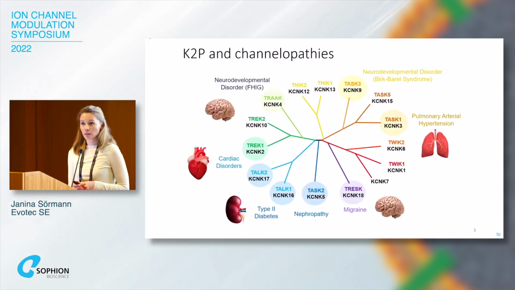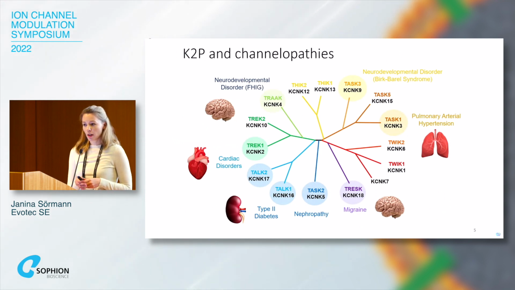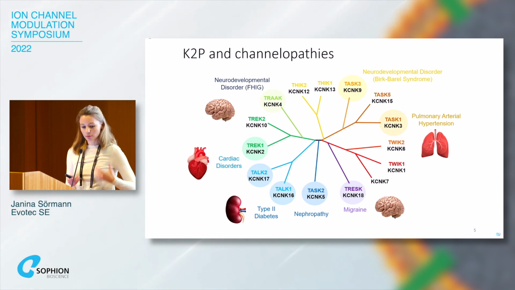These channels are expressed in so many different tissues in the human body, and they play such an important role in keeping excitable cells hyperpolarized underneath the firing rate. A malfunction of these channels can lead to a number of disorders and diseases.